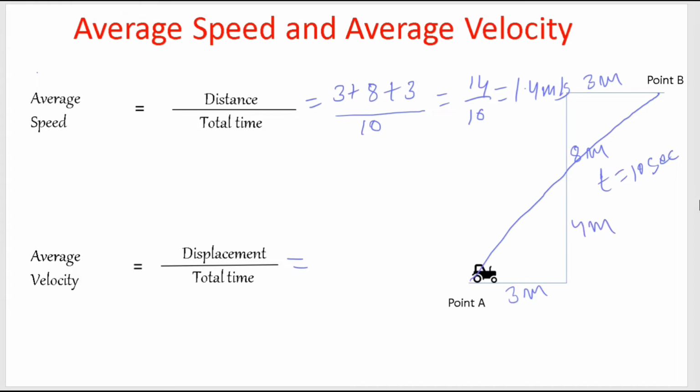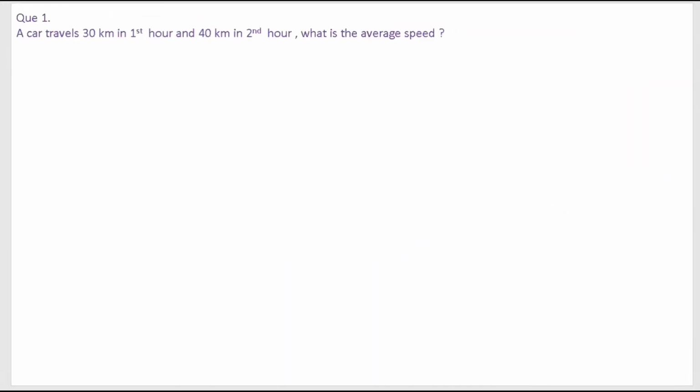By applying the Pythagoras theorem we find this is 5 meters, and by symmetry this is again 5 meters. So the total displacement is 5 plus 5, that is 10, and the total time is 10 seconds, so 10 divided by 10 equals 1 meter per second. So the average speed equals 1.4 meters per second, and the average velocity equals 1 meter per second.